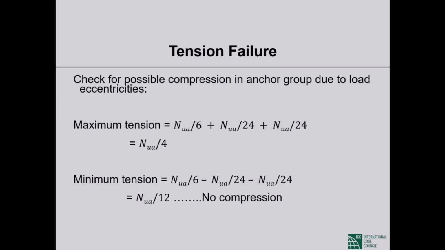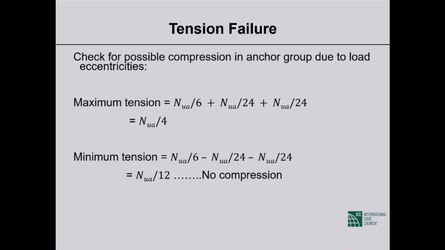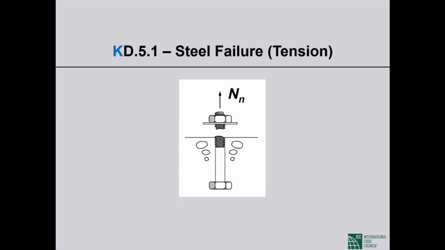So the maximum tension on an anchor, considering both eccentricities, comes out to 1/4 of the applied tension, and the minimum tension comes out to 1/12 of the applied tension, no compression. So we have checked and made sure that none of the anchors in the group is subject to net compression. So we are okay. We don't have to exclude any of the anchors.